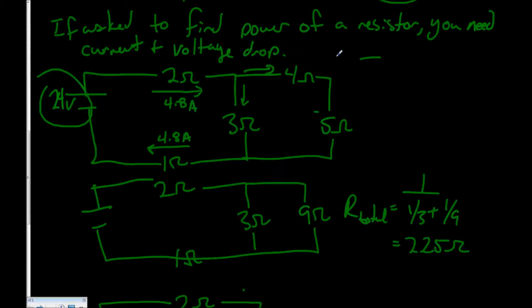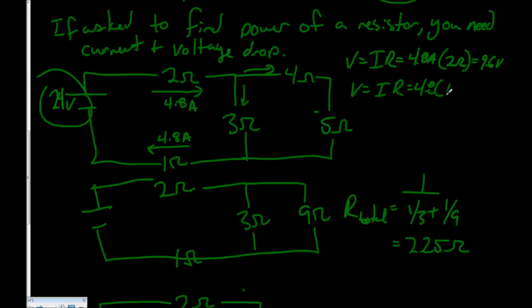Good. So we need to find the voltage drop across the 2 ohm, and we have enough information because we know there's 4.8 amps. And we know that it's 2 ohms. So 9.6, I believe. Is that good mental math or bad mental math? Okay, good. And this one's easy because the current is just multiplied by 1. Okay, so the voltage drop here is 9.6, and the voltage drop here is 4.8.